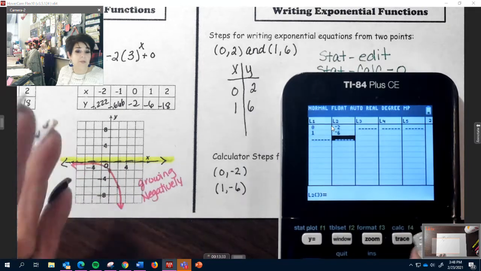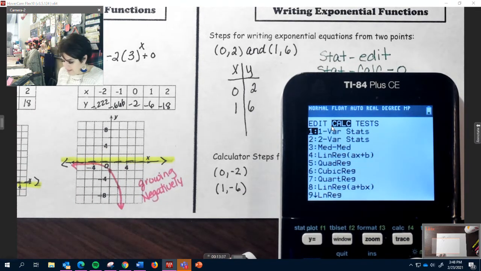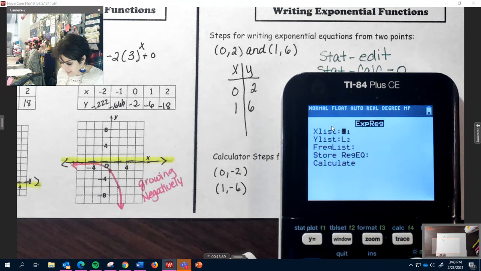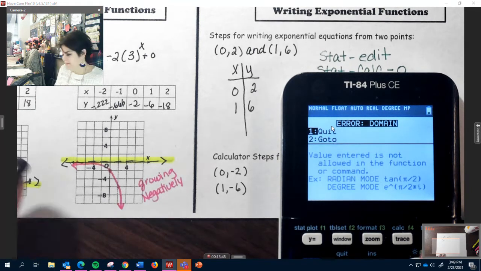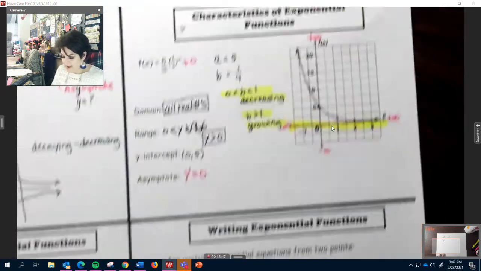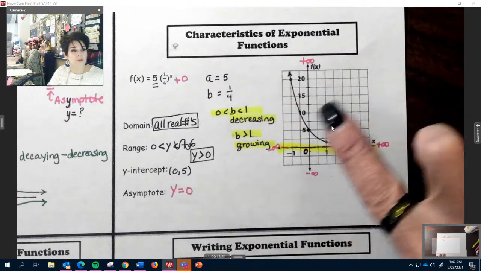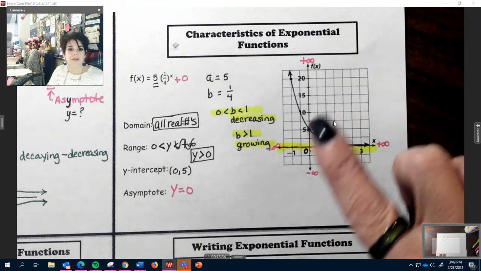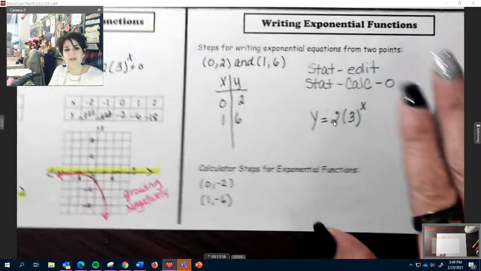All right, so here we go. Let's go to Stat. Some of you have already pushed your button and you're like, oh, what happened? 0, exponential regression. Oh, it didn't work. Here's what happened. When you have a graph of an exponential function that's up here in quadrant 1 and 2, it works. In quadrant 3 and 4, when the A value is negative, you can't do the regression.